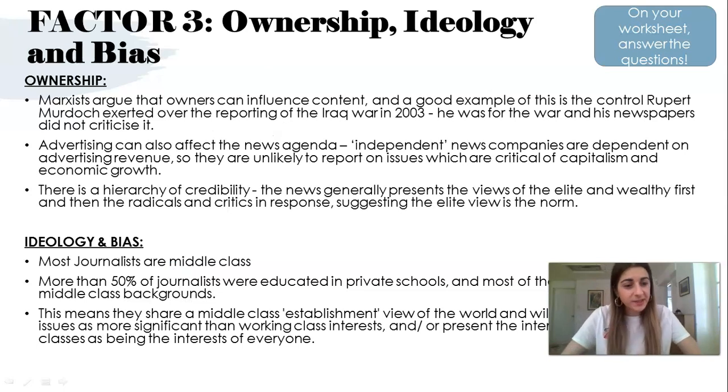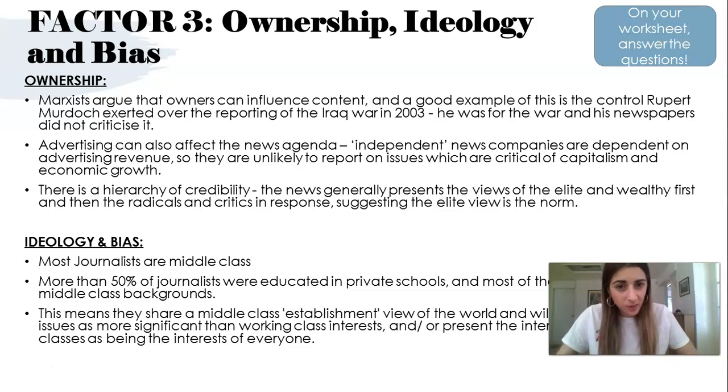Okay, now the last factor that we're going to look at today is ownership, ideology, and bias. Again, you've got some questions in your worksheet to complete as we go through this. In terms of ownership, Marxists argue that owners of media influence the content of their newspapers. For example, Rupert Murdoch, which I know you've talked about with Sarah already, owns lots of news outlets.